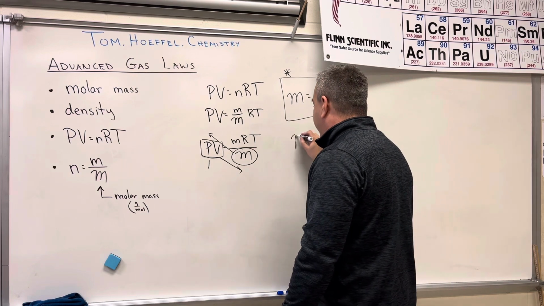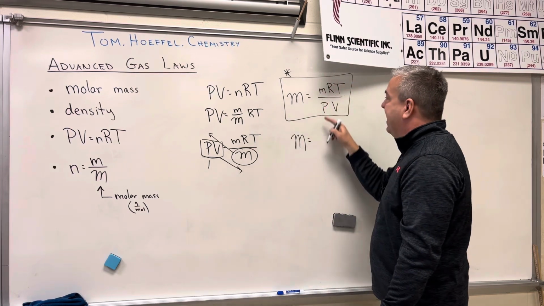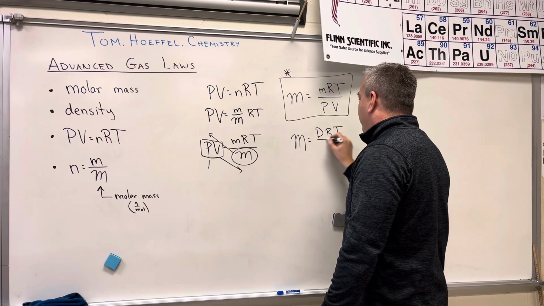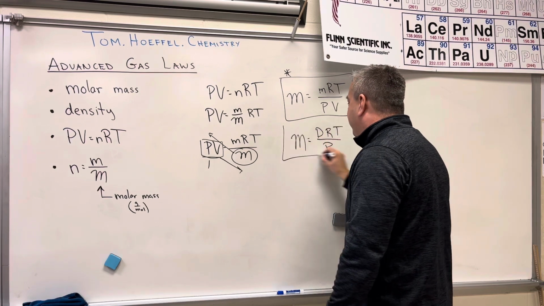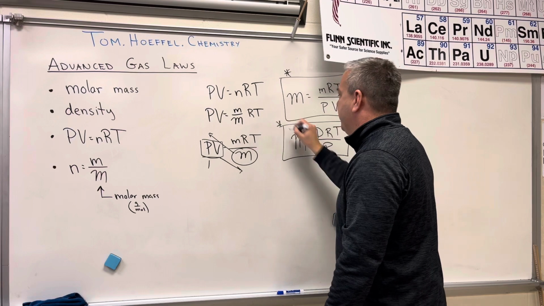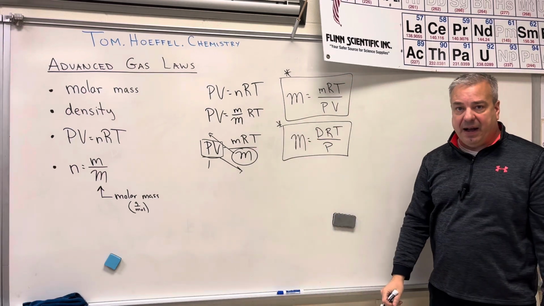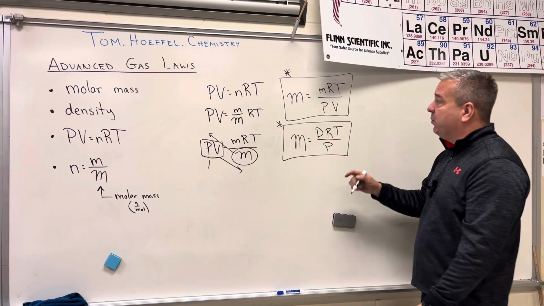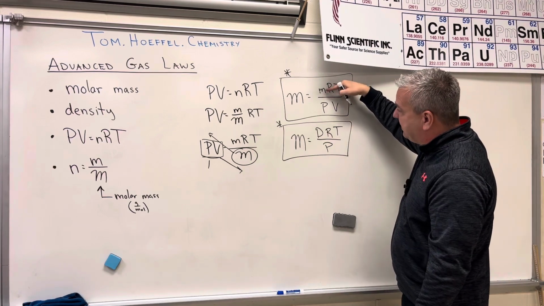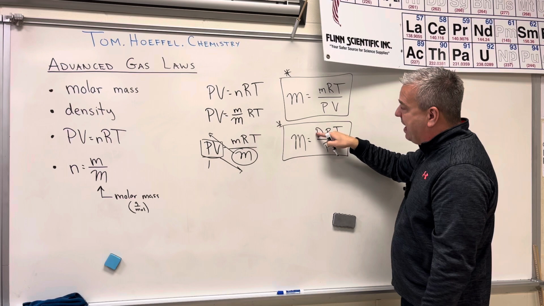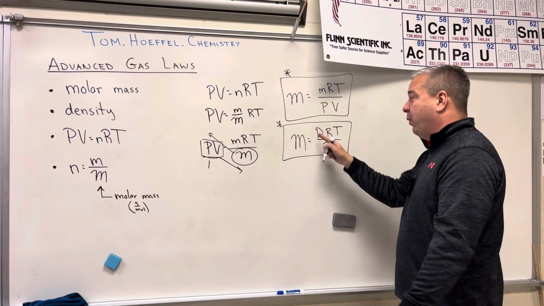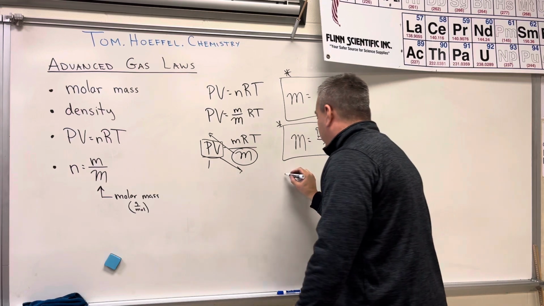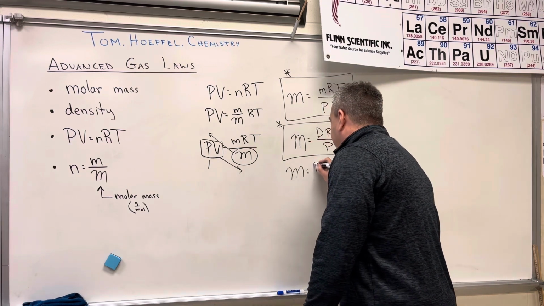So we could rewrite this one as molar mass equals density times RT over P. This is another equation that we could come up with by deriving, or rearranging, these equations. Once again, all I took was the mass divided by the volume, and I made that density.